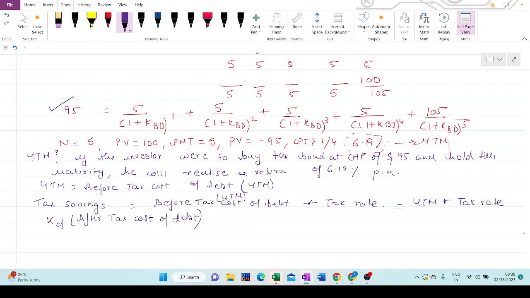So your after tax cost of debt is YTM minus the tax saving, which is YTM into tax rate. So if we take YTM common, what we get is that the after tax cost of debt is YTM into (1 minus tax rate). Guys, are we good here? Have we understood this? Any doubts here, guys?